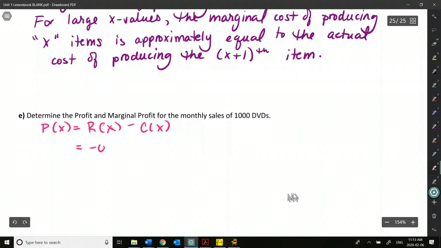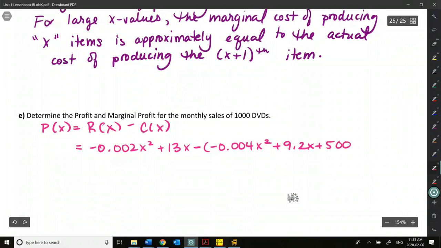Okay, so taking the revenue function from a few questions ago, and then I'm taking the cost function from earlier.